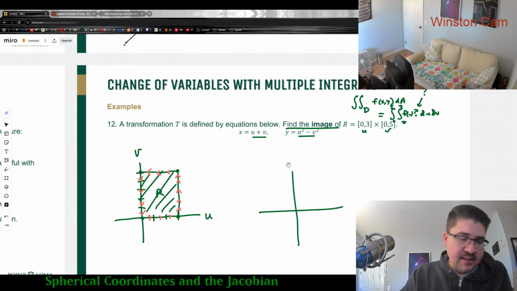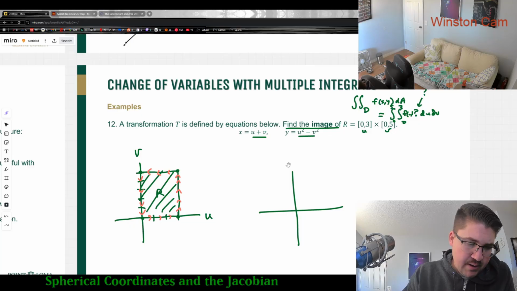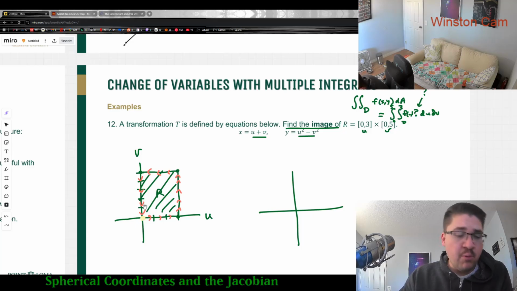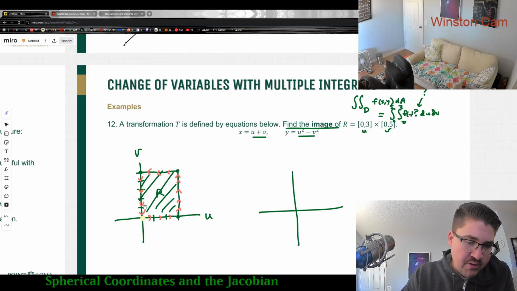But let's start at the origin specifically. So starting right over here, that's going to be the point 0, 0, of course. And if we're thinking about our transformation, we would have x equals 0 plus 0 at the origin and y equals 0 minus 0.